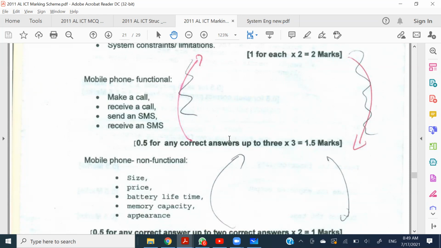Mobile phone should be, shall be, mobile phone shall be able to fit into the trouser pocket or the cloth pocket or something like that, regarding the size, right? So mobile phone shall be able to have a better battery lifetime, right?